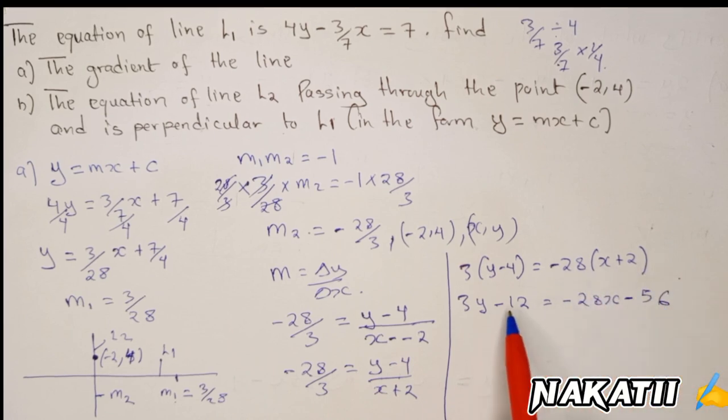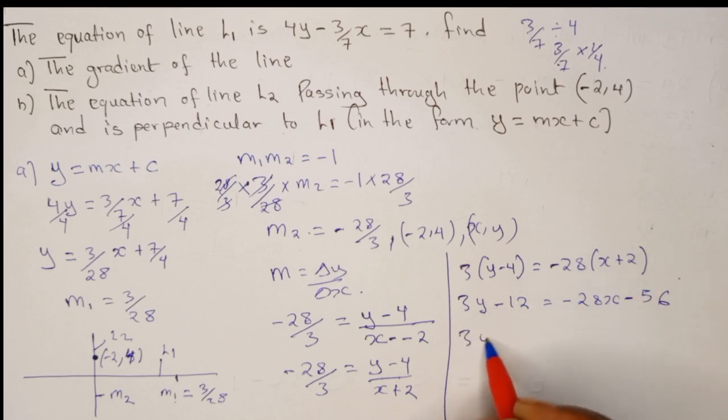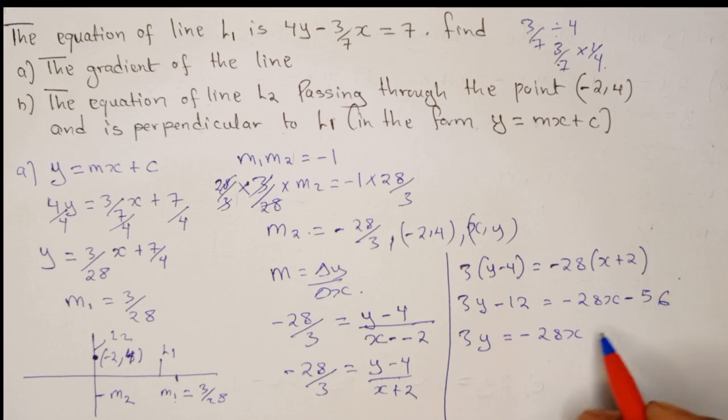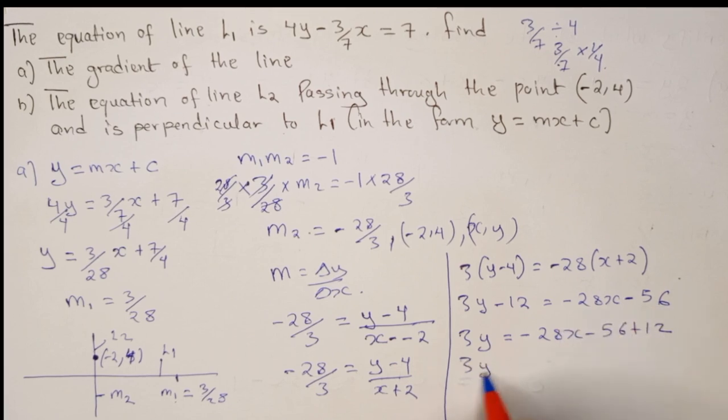You can take this one the other side: 3y is equal to negative 28x minus 56 plus 12. 3y is equal to negative 28x. Negative 56 plus 12 gives you minus 44.